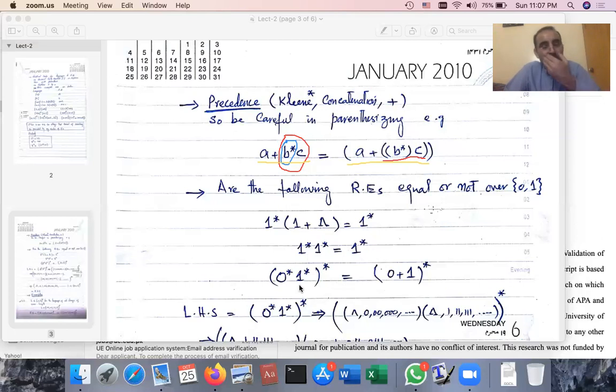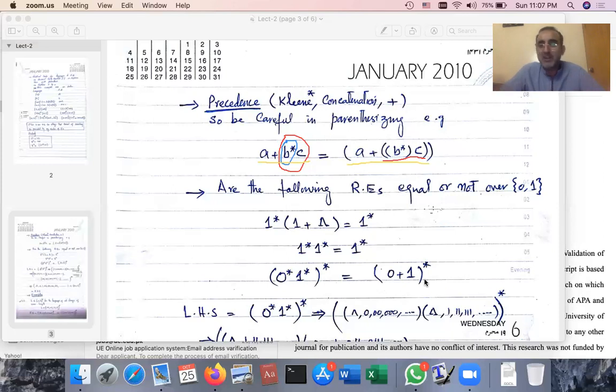And now here we have another regular expression, 0 star, 1 star, and then the parenthesis and the whole Kleene star. So you can prove it by opening all these Kleene stars, and after applying the concatenation operation, which is very much similar to multiplication, finally you will have some set of elements for that language, and then you can also produce some set of elements from the right hand side.